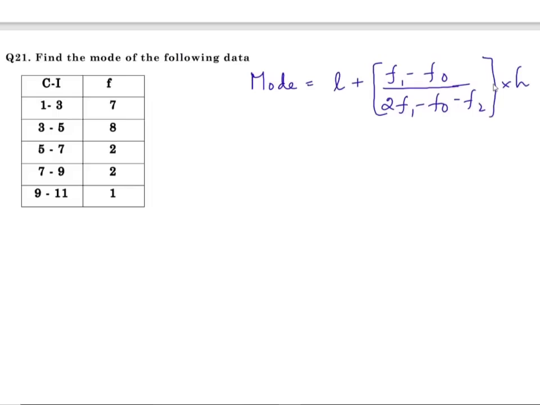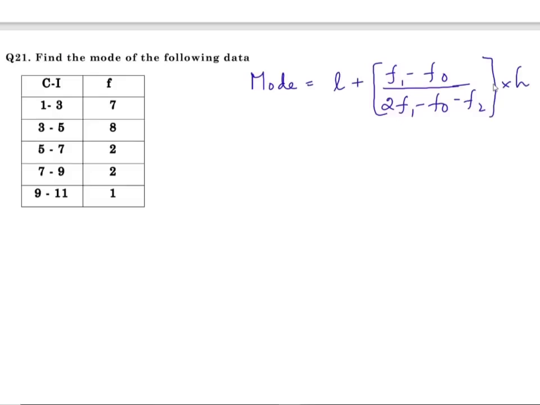Students, learn the formula first. Mode equals L plus F1 minus F0 by 2F1 minus F0 minus F2 into H. Now without seeing, you can try to write it once. I'll give around 2 to 3 seconds to write it.